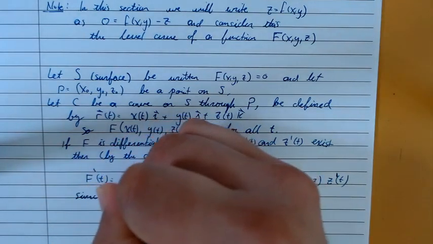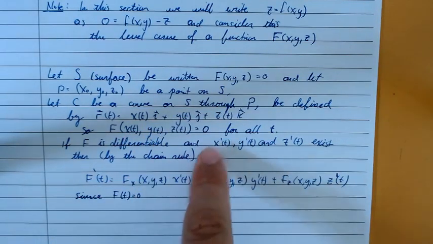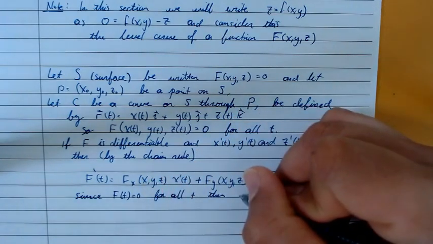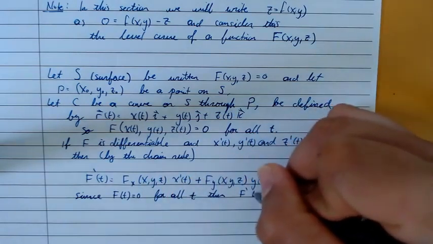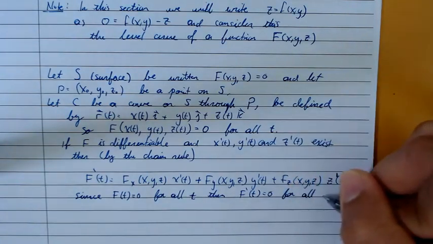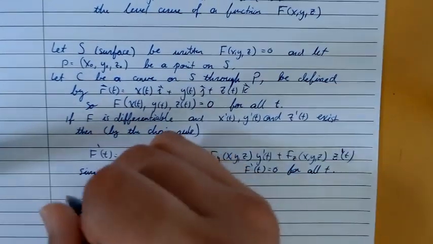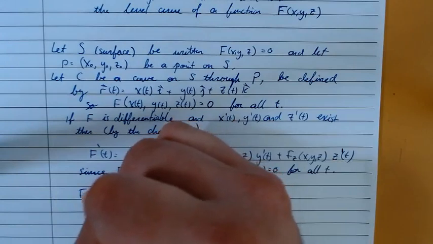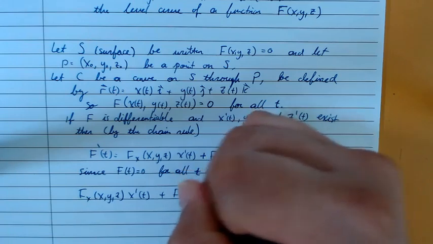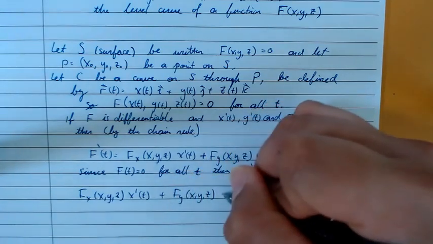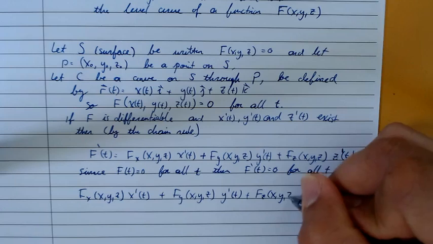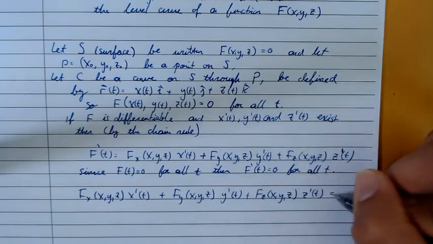Since f of t is equal to 0 for all t, then f prime of t must equal 0 for all t. So that means that f sub x at x, y, z times x prime of t plus f sub y at x, y, z times y prime plus f sub z at x, y, z times z prime of t must equal 0.